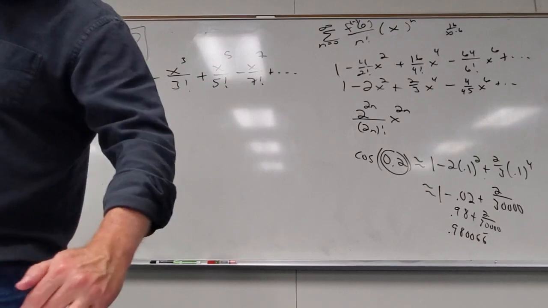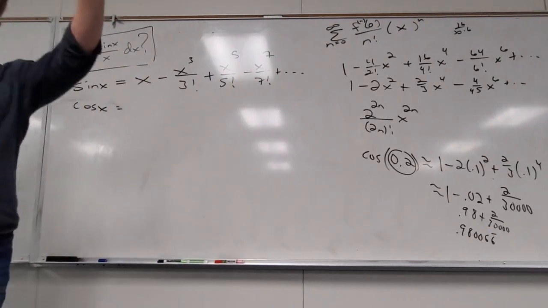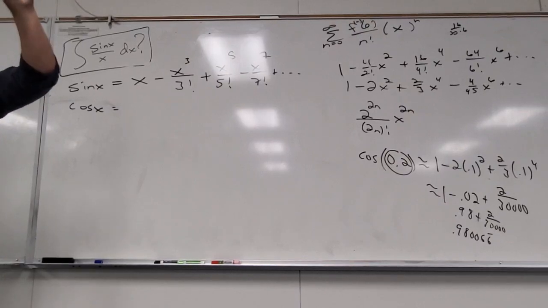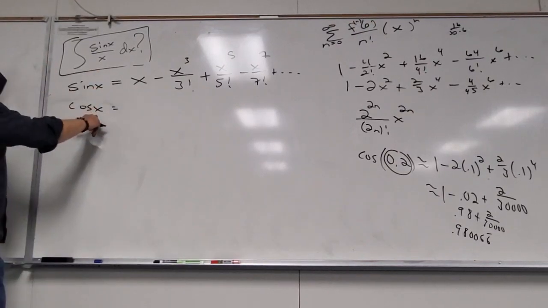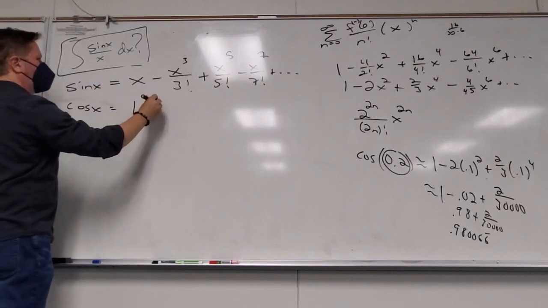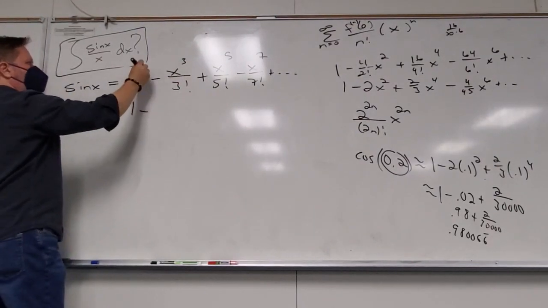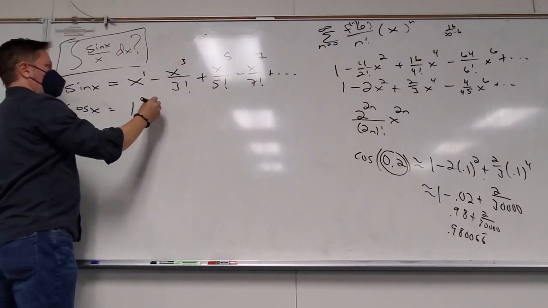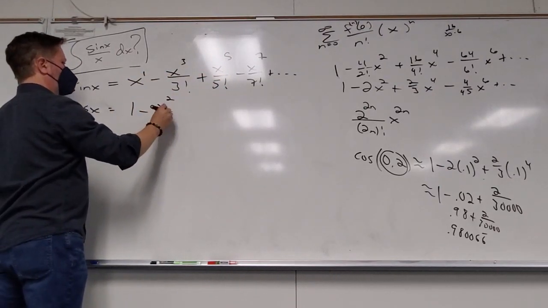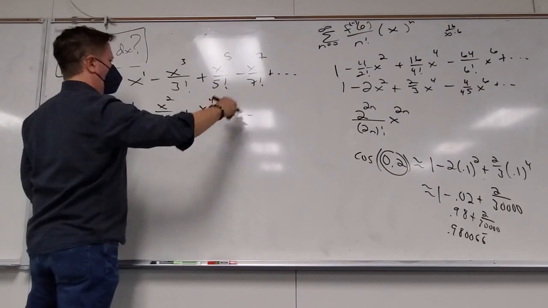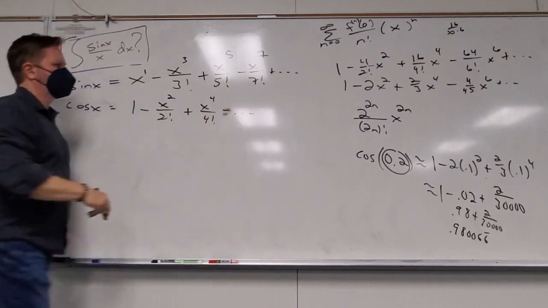It has a list of not all the known, but enough of the known Maclaurin series to reference. Cosine x is just the derivative of this. So without going through all that again, notice how this is all the odd stuff? Cosine is all the even stuff. It's kind of a beautiful little pattern. The next one will be minus.